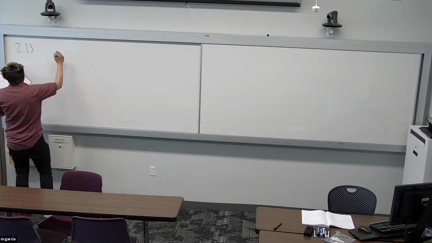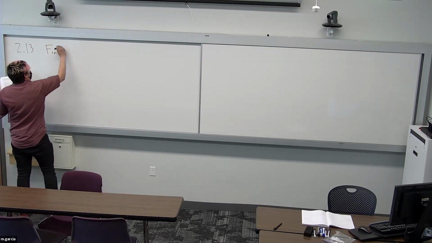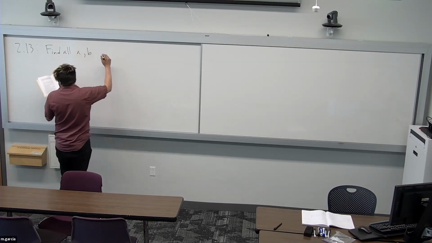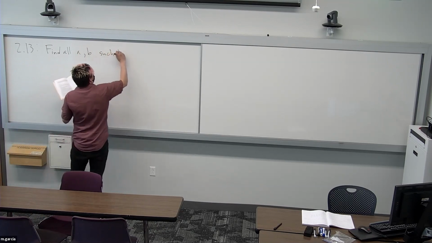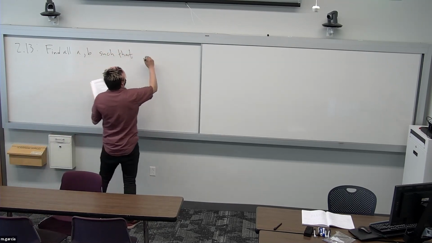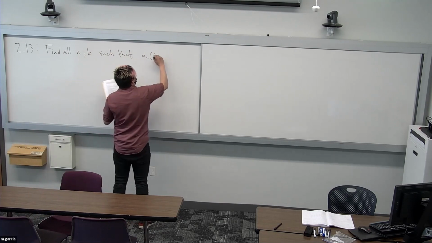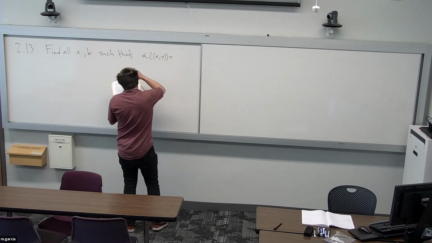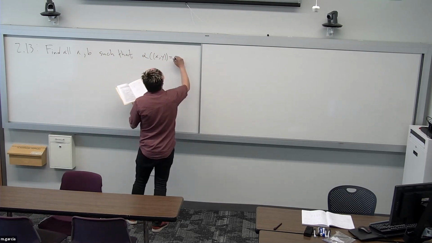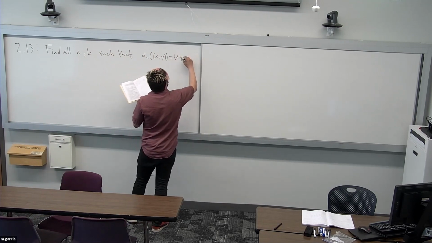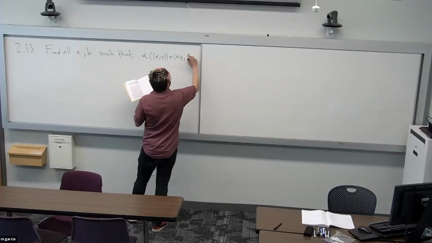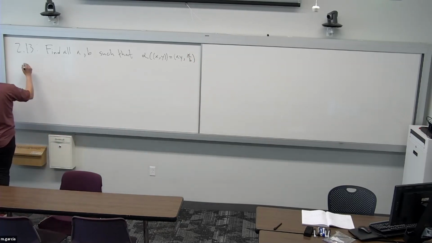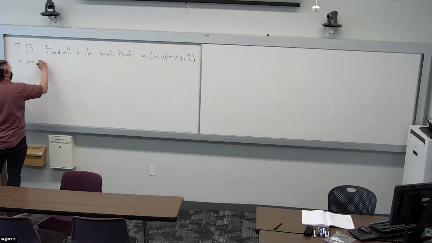This question asks you to find all numbers A and B such that alpha, defined by that it takes the point (x, y) to (ay, x divided by b), is an involution.